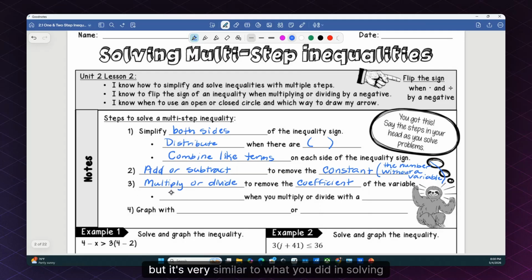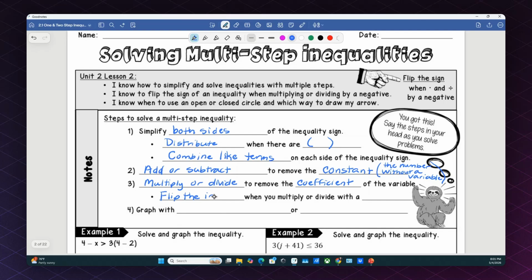But it's very similar to what you did in solving equations. We're just doing it with inequalities. Alrighty, so there's a little note here. You need to flip the inequality when you multiply or divide with a negative.